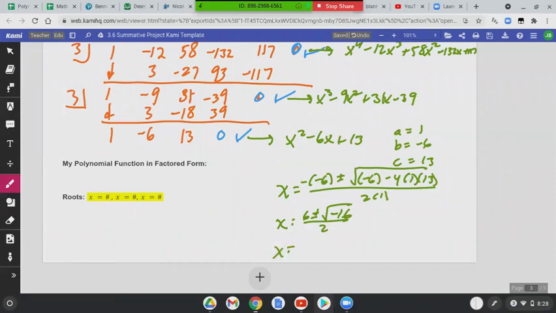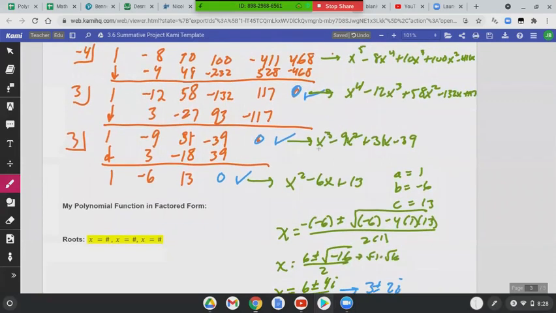So x is equal to 6 plus or minus the square root of 16, which is the same thing as the square root of negative 1 times the square root of 16. So plus or minus 4i over 2. And then this simplifies. 6 divided by 2 is 3. 4 divided by 2 is 2. So those are my last two remaining roots.